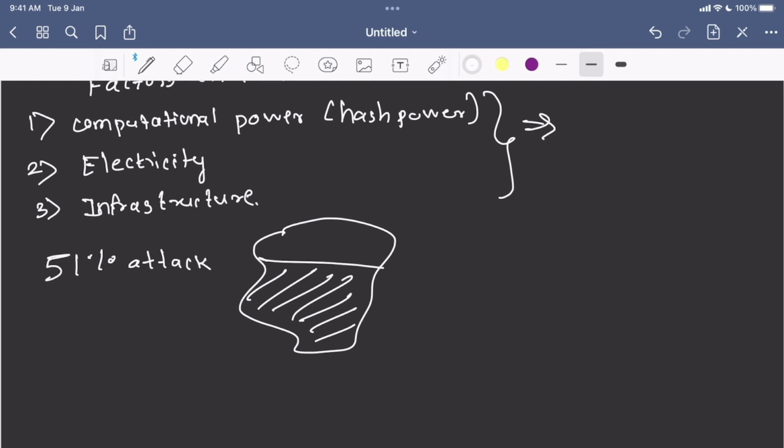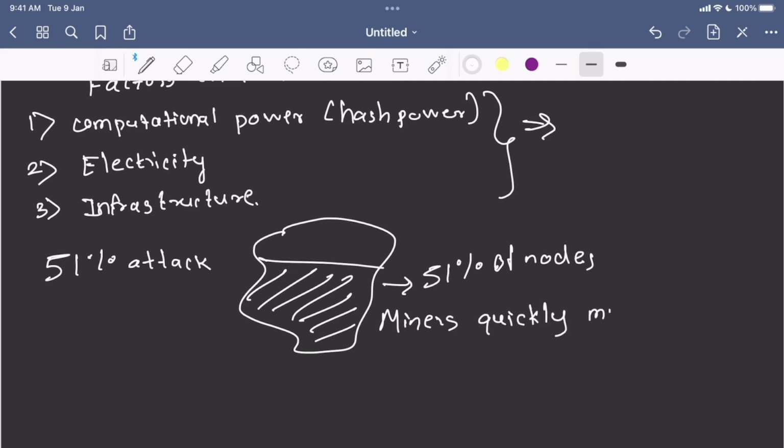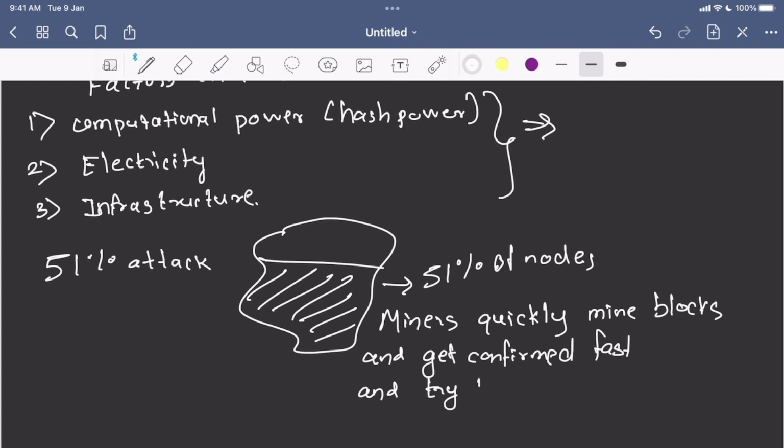The goal is to control 51% of the nodes and miners, quickly mine blocks, get confirmed fast, and try to make the longest chain fast.